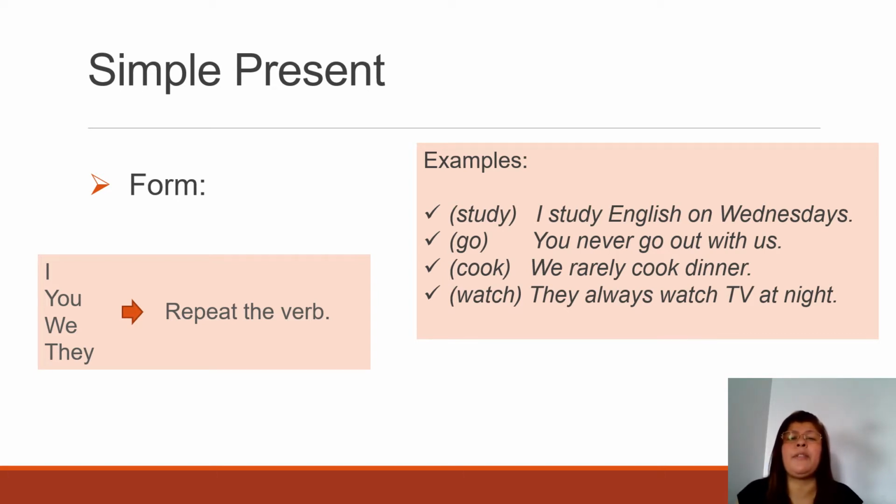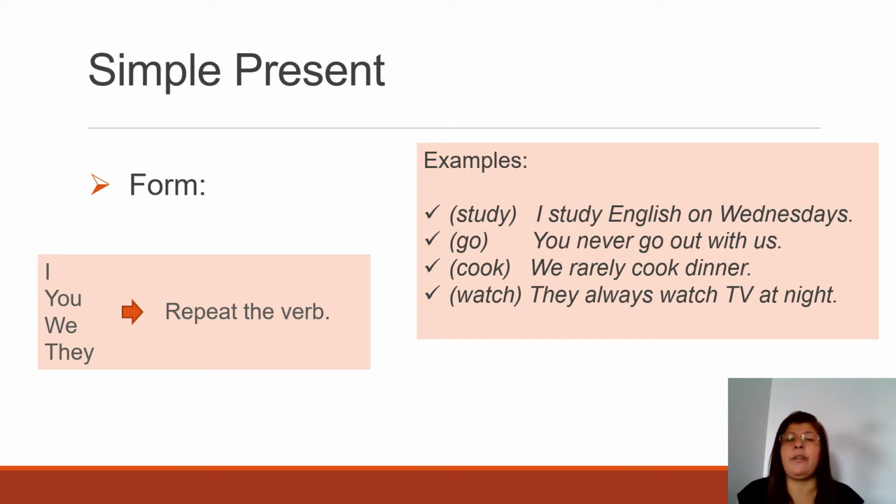For example, the verb study or to study, and you say, I study English on Wednesdays. So this is a simple present form. You just repeat the verb study: I study, you study, we study, they study.